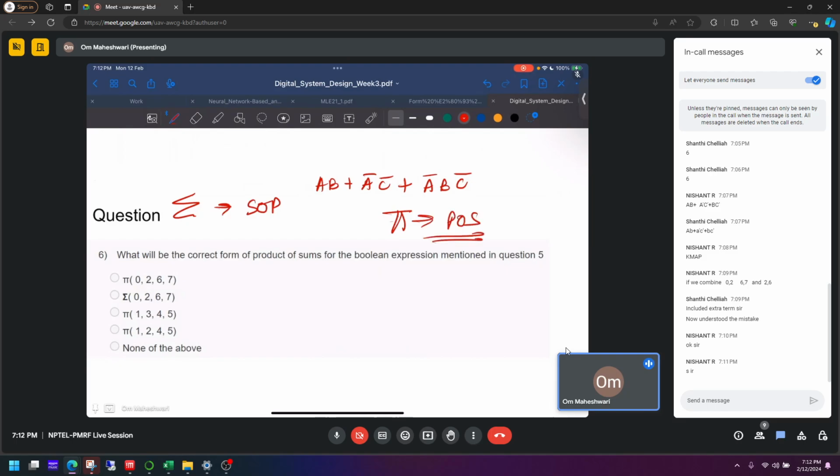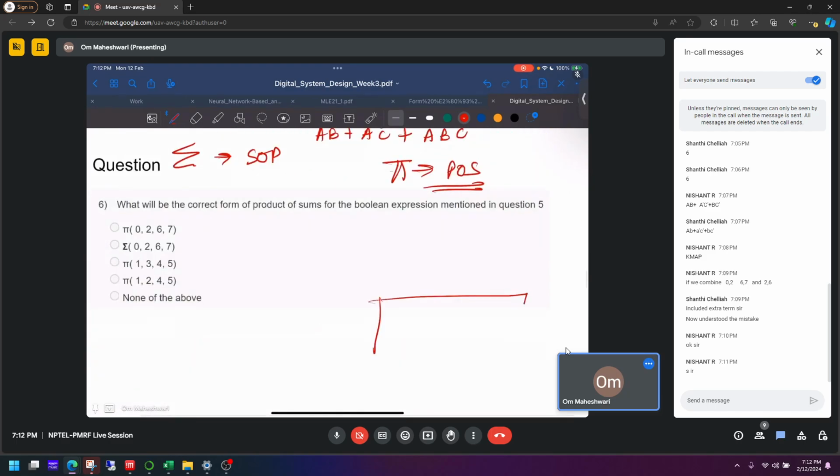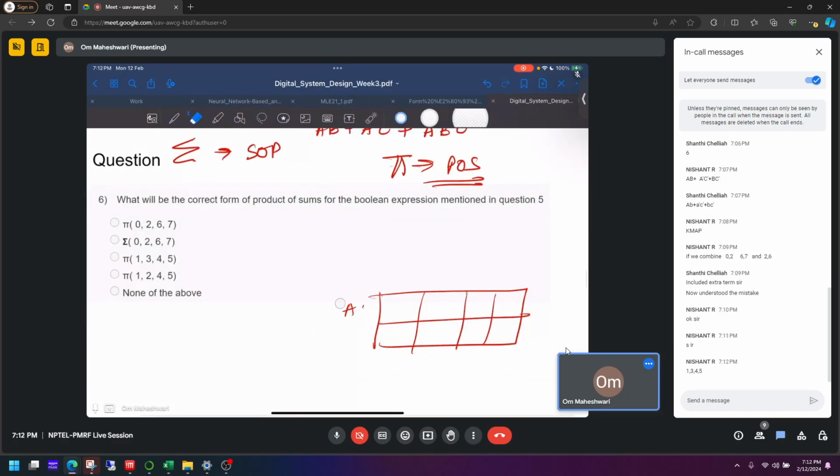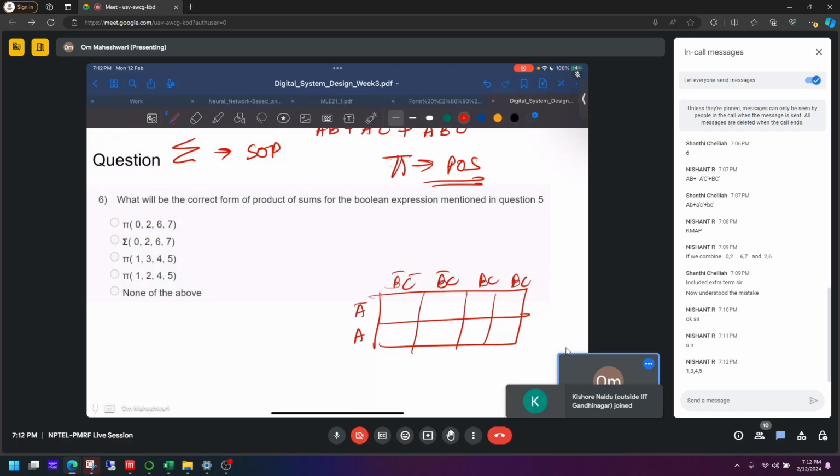Okay, so how you do this is, let's say we already made the K map there. AB, A bar, A B bar C bar, B bar C, B C, B C bar. You had this and this, right?